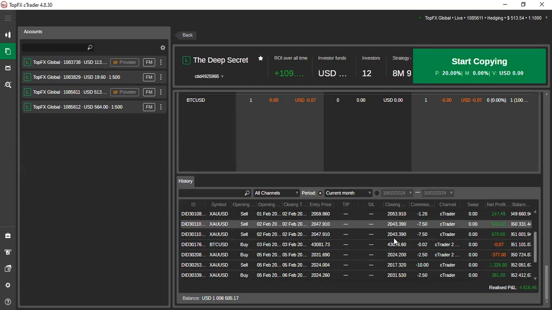So the system automatically detects the lot size that is safer for your account. So if this trader has a $1 million account, opening a position with 100 lot size, maybe yours would open with one standard lot or maybe 0.5, depending on your equity. That's exactly how it works here.